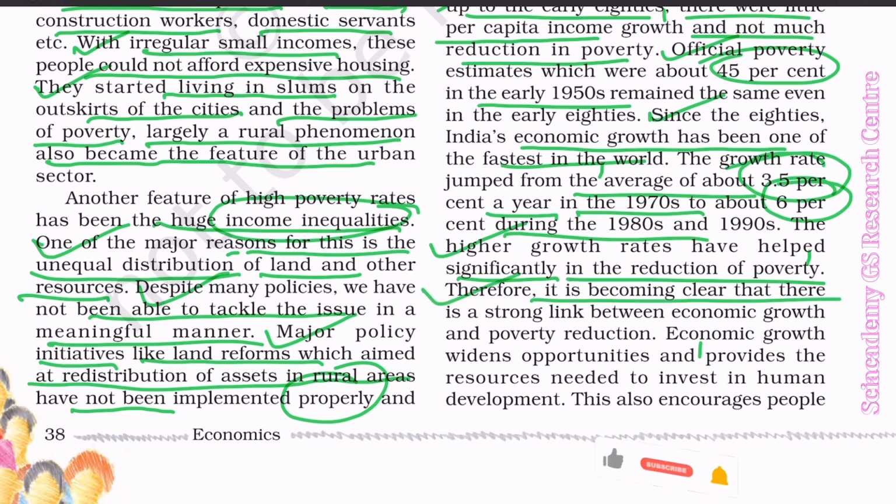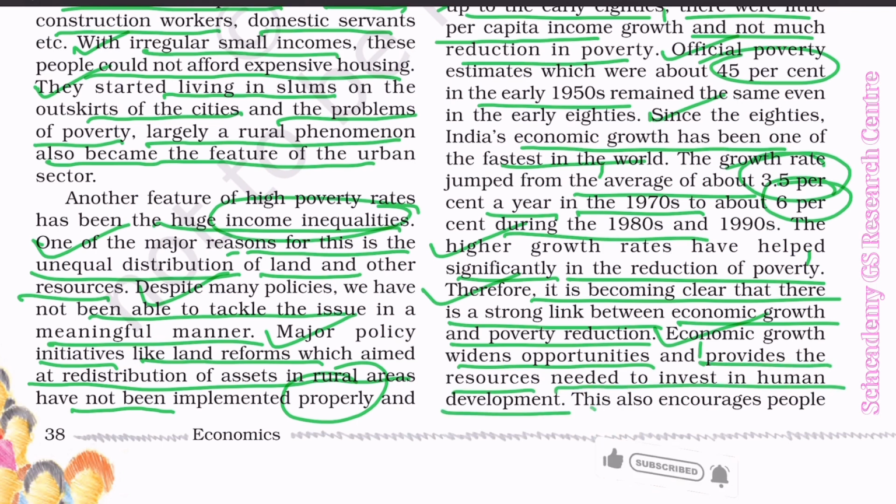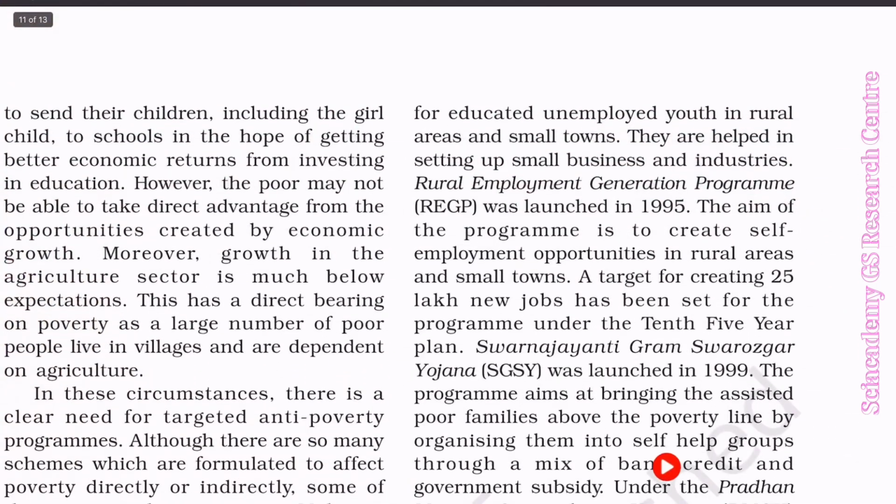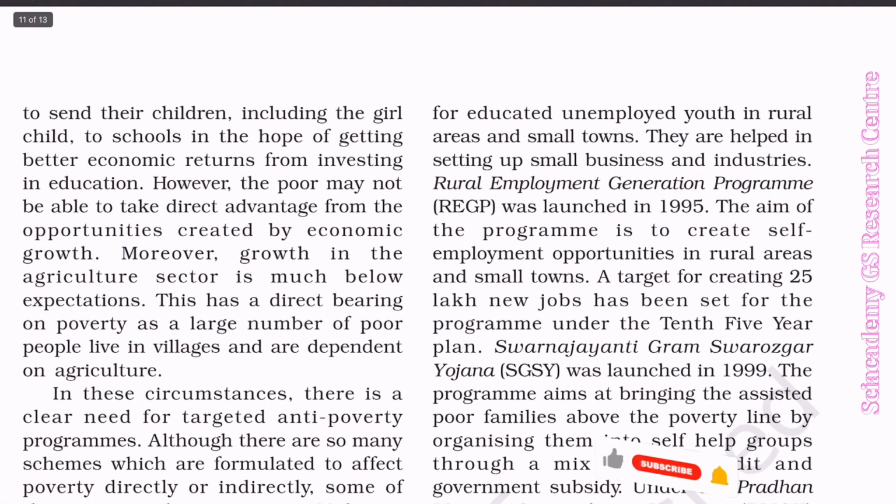Therefore, it is becoming clear that there is a strong link between economic growth and poverty reduction. Economic growth widens opportunities and provides the resources needed to invest in human development. This also encourages people to send their children, including the girl child, to schools in the hope of getting better economic returns from investing in education.